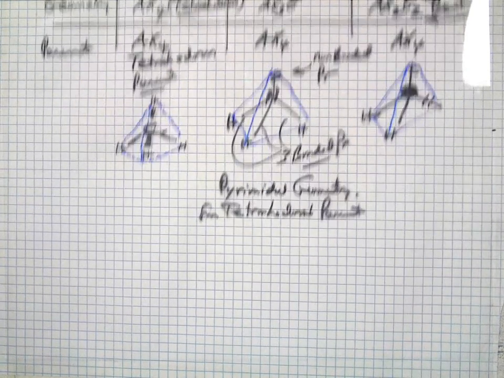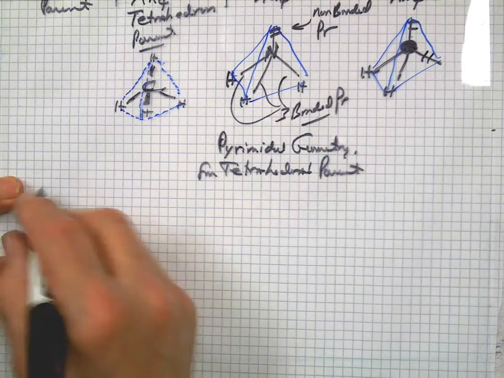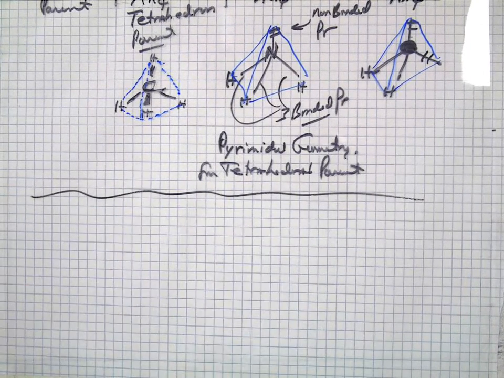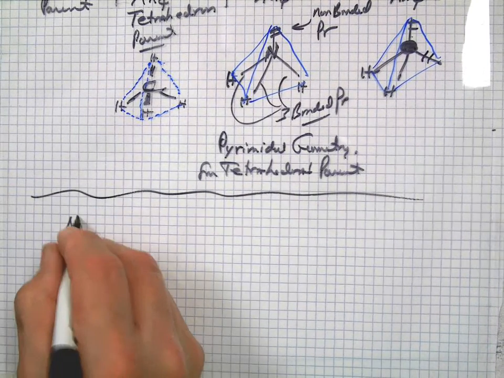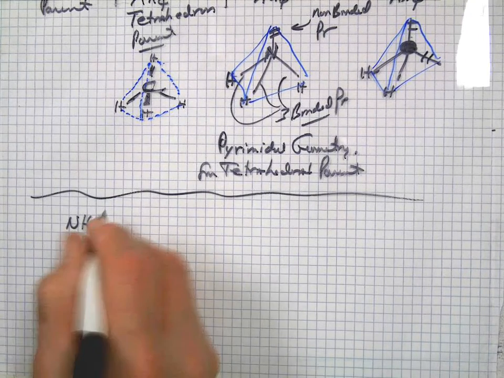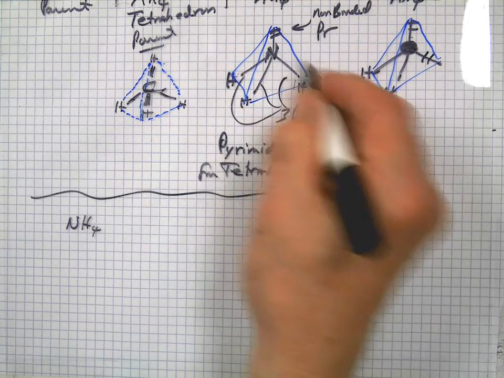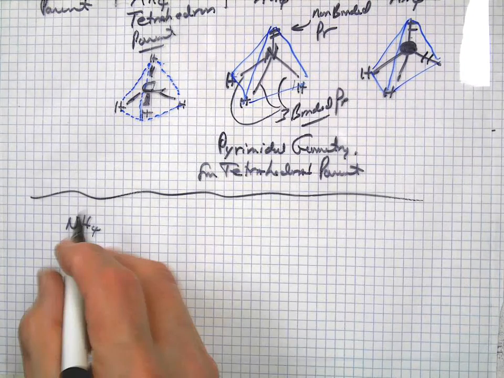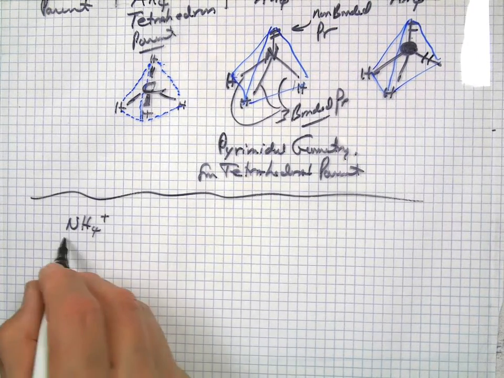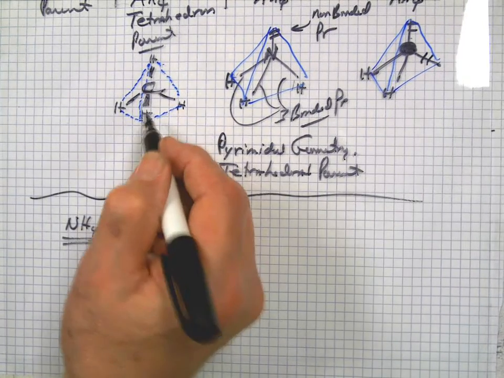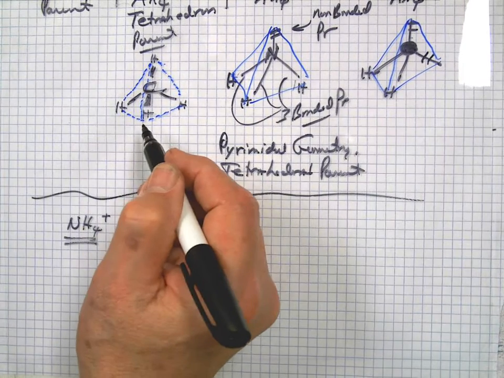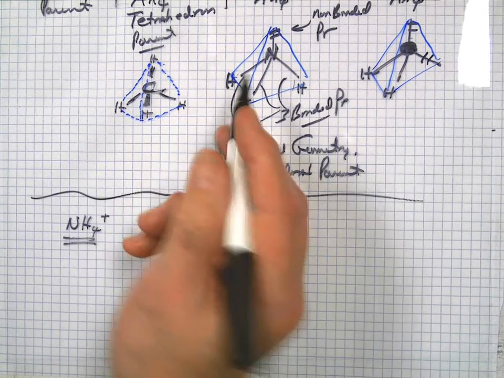One polyion here. We did it a little while ago. NH4, ammonia is pyramidal, but NH4 would evolve to the tetrahedral geometry because we'd lose that non-bonded pair.